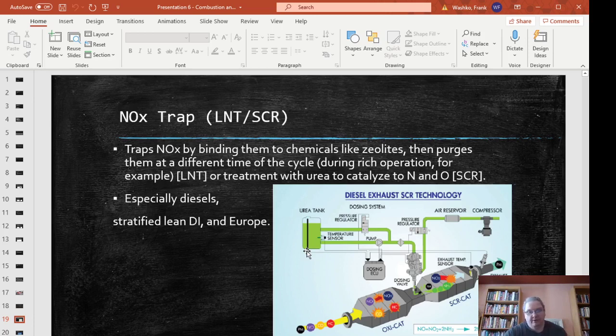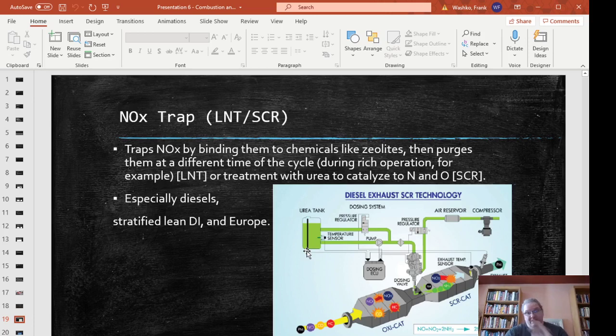And then you won. In fact, you'll see cars these days that have a separate urea tank, and I think there's a Mercedes out there currently. I think they call their diesels BlueTec or something like that.